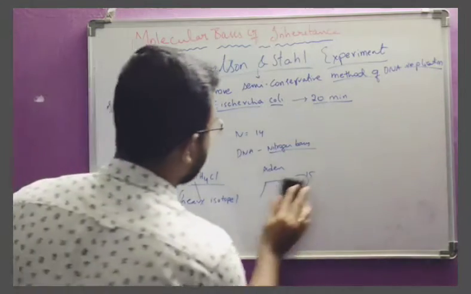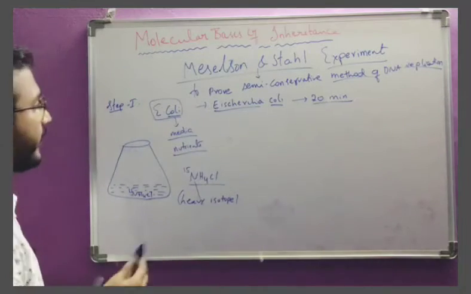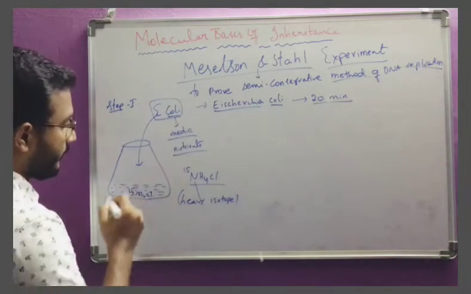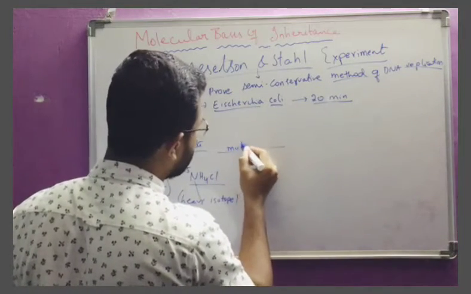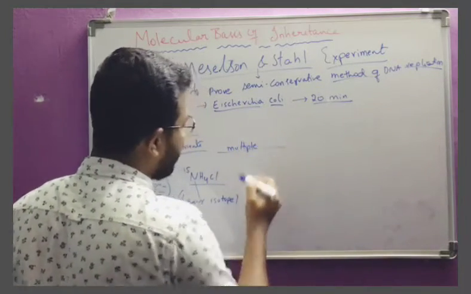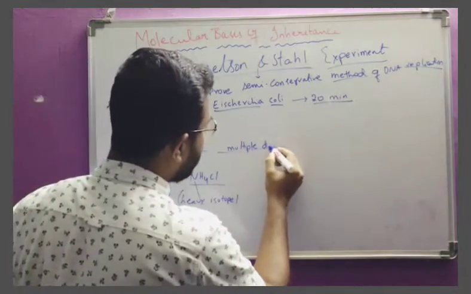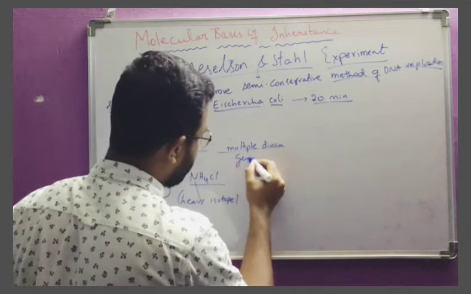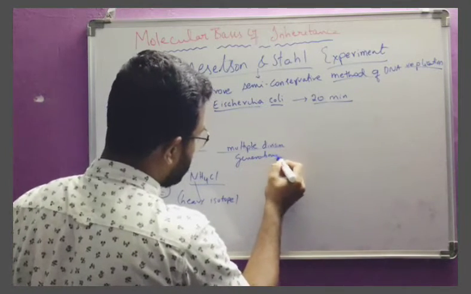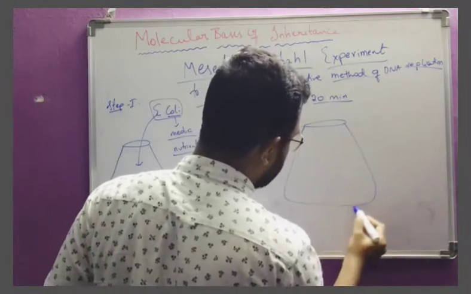Now, after taking, they had taken E. coli into this one and allowed for multiple generations. Bacteria is taking food and it starts division. So multiple divisions or multiple generations they had left like that. So after some time, what will happen in the whole conical flask?